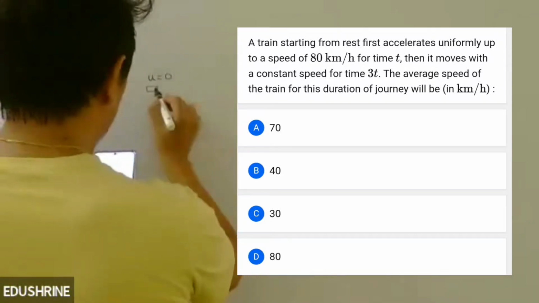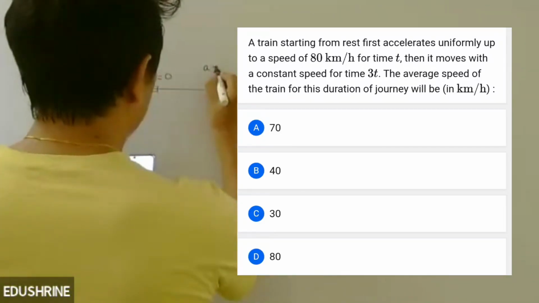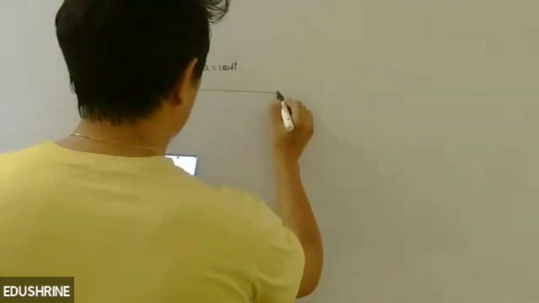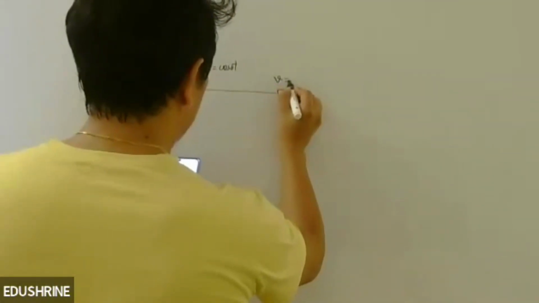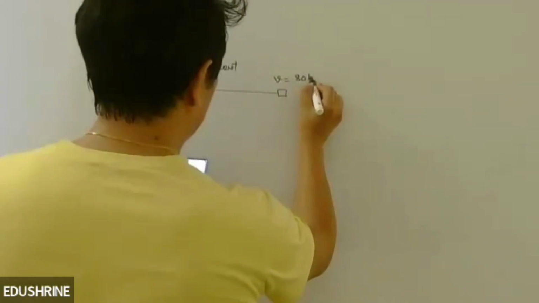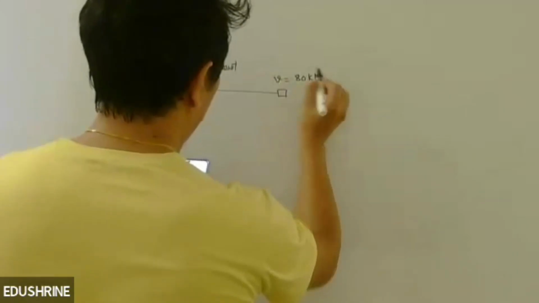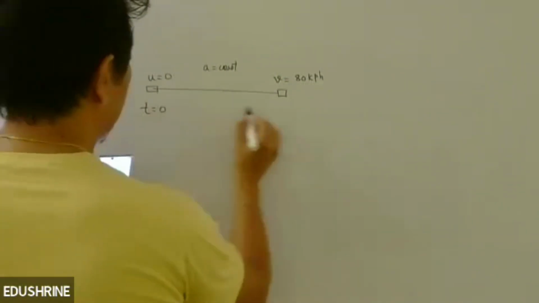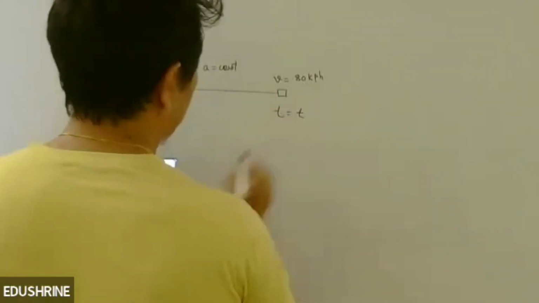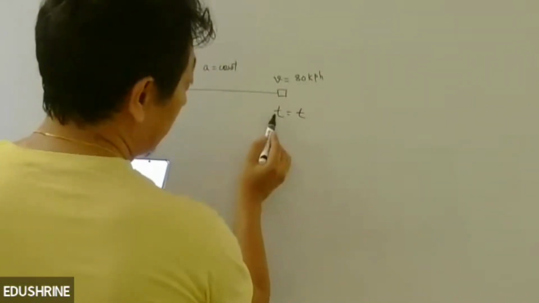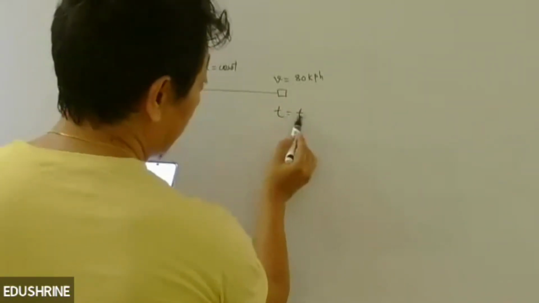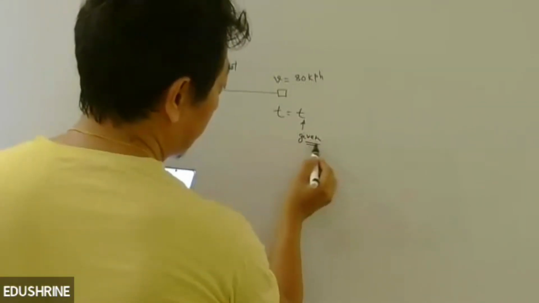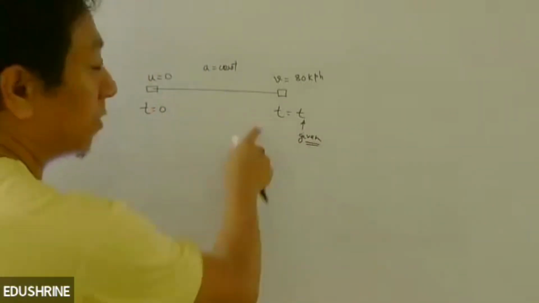First accelerates uniformly, so a is constant, but they have not given it. And it reaches a final speed of 80 kilometer per hour. For time t, this time is t. I hope you understood. This t is a variable t, this t is given.